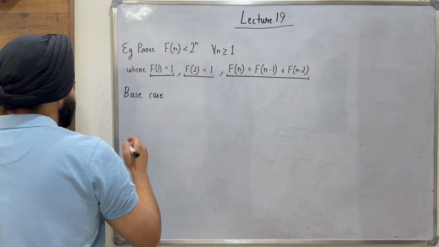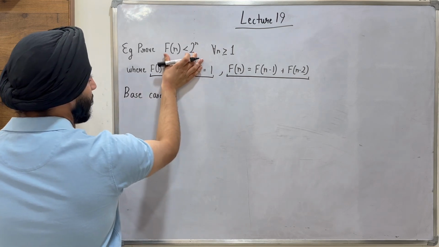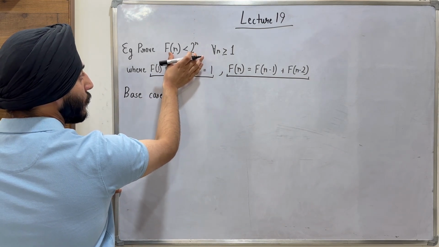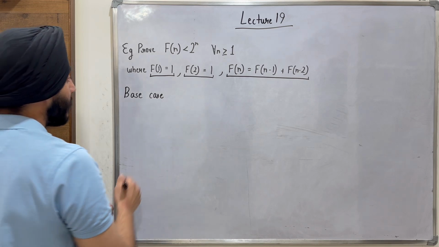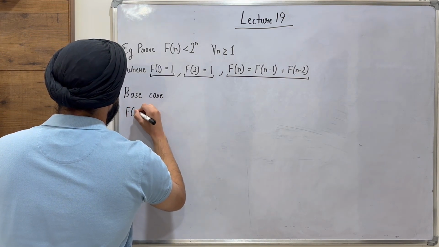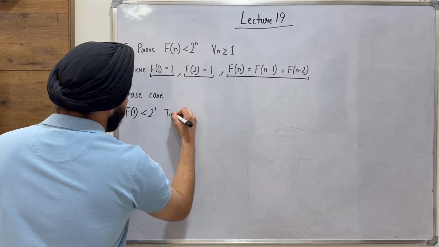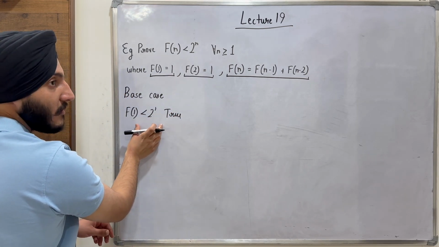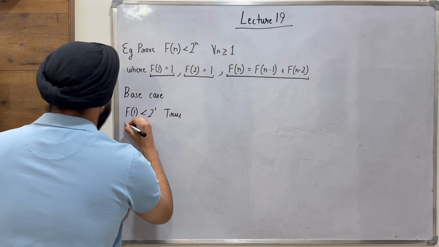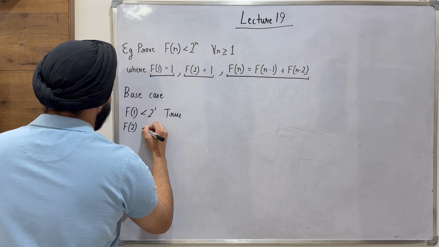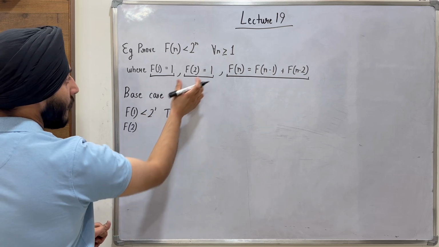So let's take a look at this. We are supposed to prove f(n) is less than or equal to 2 to the power of n. Let's look at f(1). Is it less than 2 to the power of 1? This is actually true, so that is one thing that has been proven. Let's take a look at f(2). f(2) is also 1.